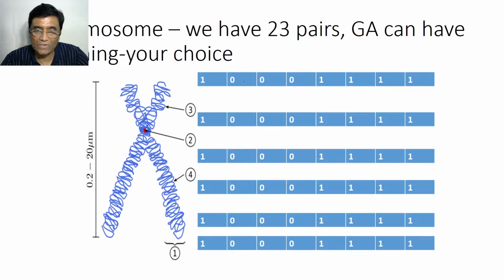Here, let us say 1, 2, 3, 4, 5, 6, 7, 8, so an 8-bit chromosome, right? These are called genes: 1, 0, 1, 0. This is an example of binary coded genetic algorithm.